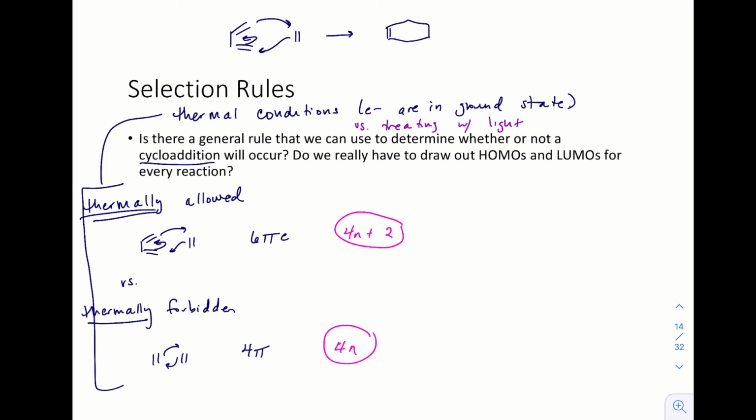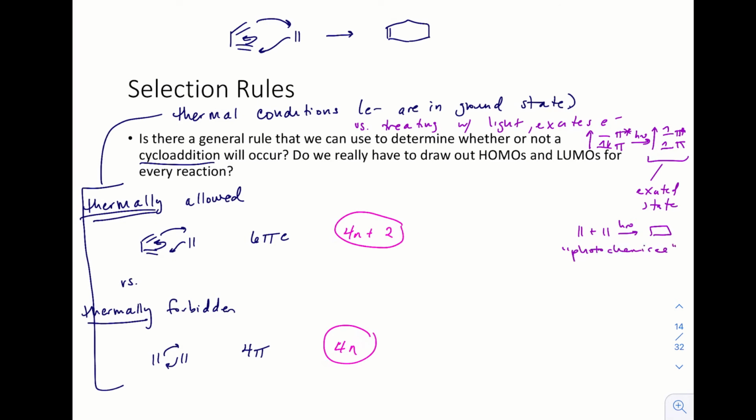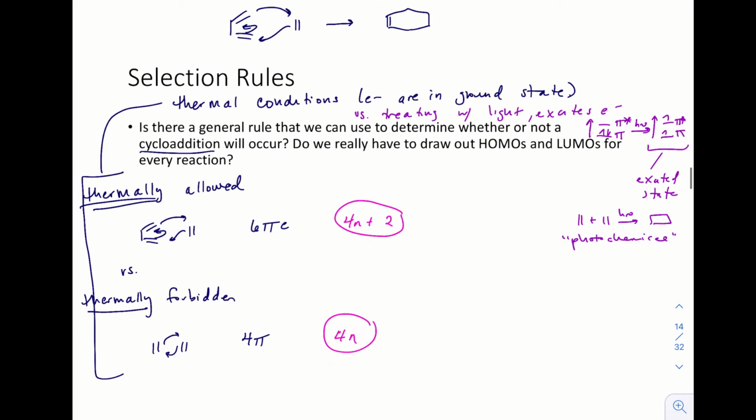Treating with light excites electrons, and then the HOMOs and LUMOs are different, and some of these reactions may occur under photochemical conditions that do not occur under thermal conditions. In fact, this 2 plus 2 cycloaddition can occur under photochemical conditions. It does not under thermal conditions, but it can under photochemical because the HOMOs and LUMOs are different. We're going to stick to thermal conditions today.